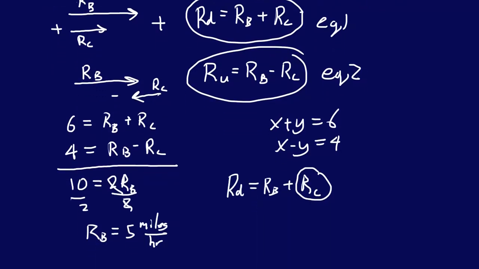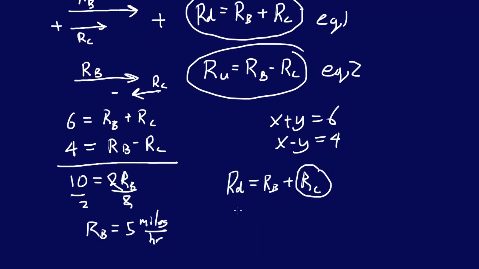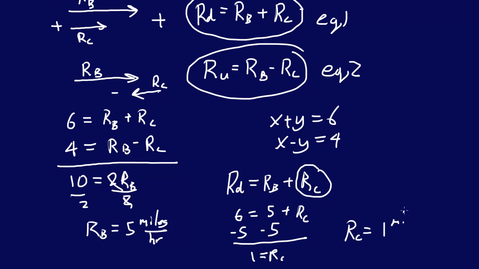And then we just solved for R sub B, and that's 5, so we can substitute those values in. So 6 is equal to 5 plus R sub C. Now the goal of the math sentence is just to get the variable by itself, in this case R sub C. So you subtract both sides by 5, and then you get R sub C is equal to 1. So R sub C is equal to 1 miles per hour.